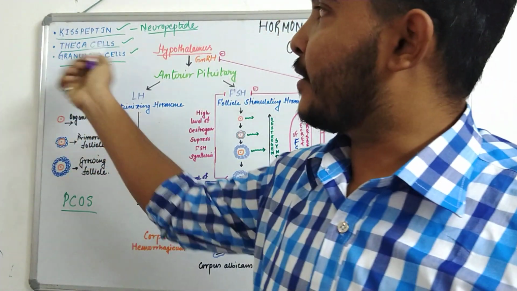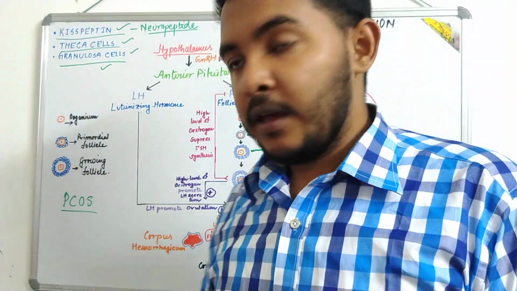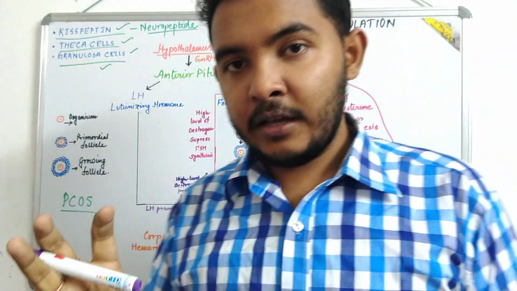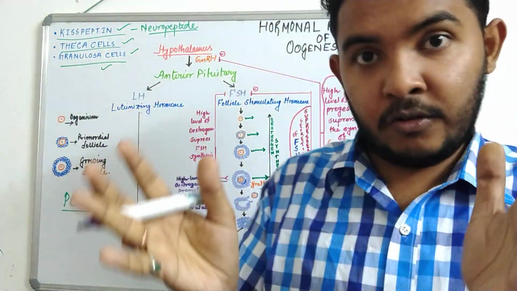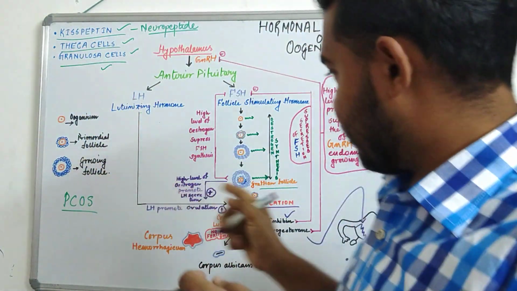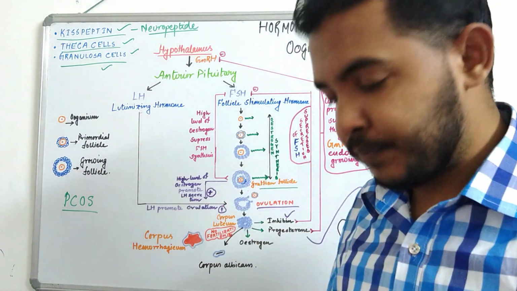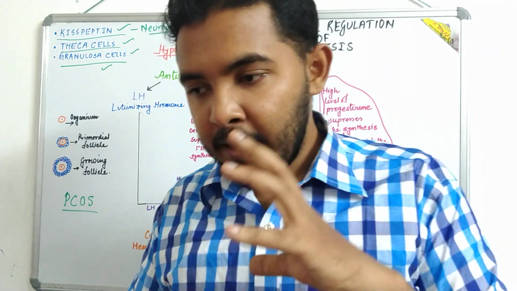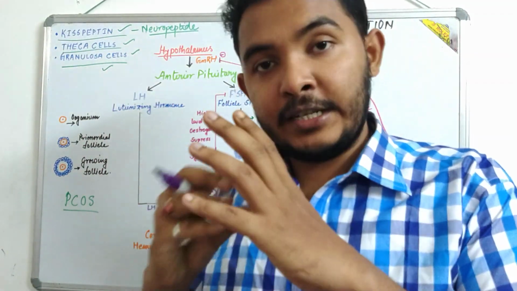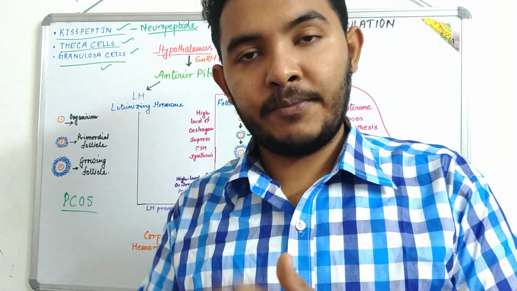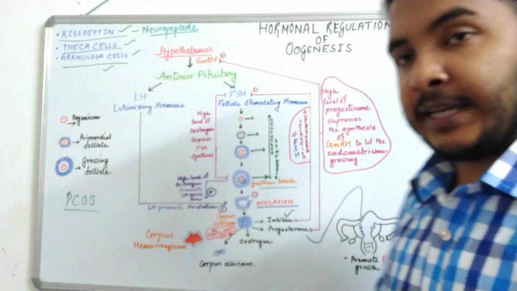And there are two things, theca cells and granulosa cells. What are these two? Inside the ovary there is the Graafian follicle. It is very vascularized, very well developed. You can see the size of it, it's quite a bit bigger than the earlier counterpart. When the Graafian follicle is totally developed, it generally carries two types of cells: granulosa cells and theca cells.